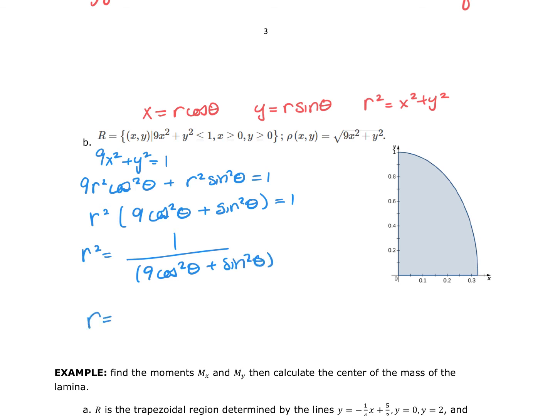That means r is equal to, and I'm only going to take the positive, right? So it's going to be 1 over the square root of 9 cosine squared theta plus sine squared theta. So that's going to be my upper bound for r.